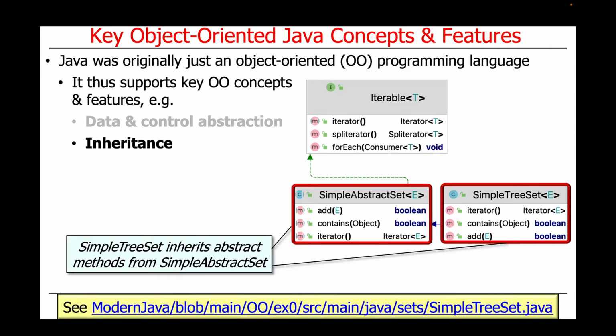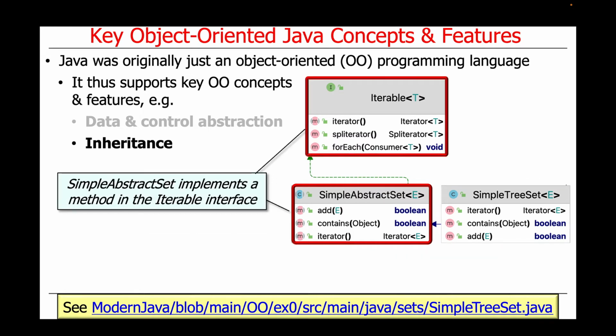For example, SimpleTreeSet is a concrete subclass that inherits and implements the abstract methods that are defined in the SimpleAbstractSet superclass. So here you can see that SimpleTreeSet is leveraging the API that's defined by SimpleAbstractSet, and then providing the implementations of those methods.